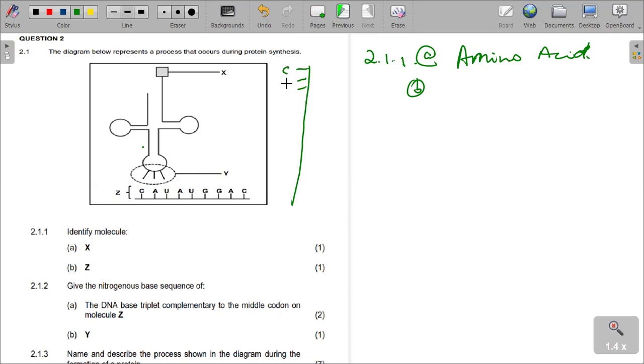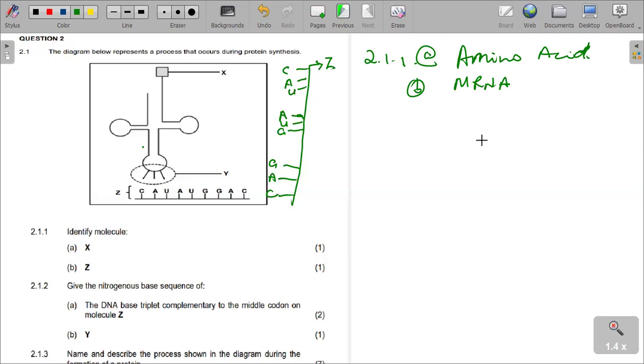We have C, A, U, then the middle codon, which is AUG, and then the last one, which is G, A, C. So this whole thing is our Z. Z is mRNA.